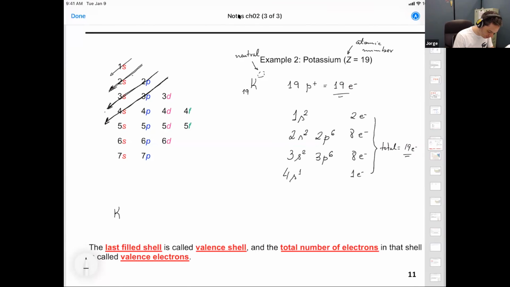So for potassium, we have 4 shells with electrons, and the number of valence electrons in this case is the total number of electrons in the last shell, which is 1. Okay, so therefore potassium has 4 shells with electrons and 1 valence electron.